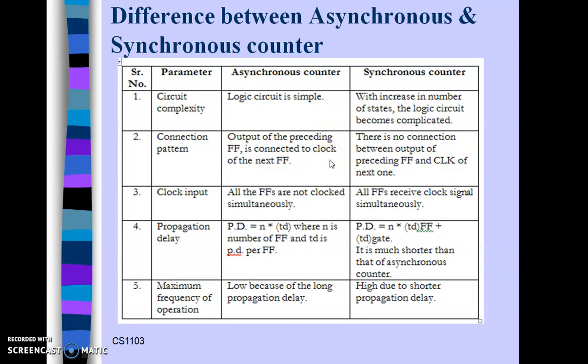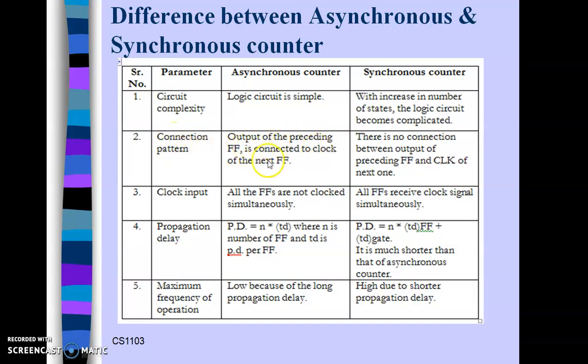And last we'll see what exactly the difference is between synchronous and asynchronous counters. The first parameter we'll consider is circuit complexity. In an asynchronous counter, the logic circuit is simple, and in a synchronous counter, as the number of states increases, the logic circuit becomes complicated. The second parameter is connection pattern.